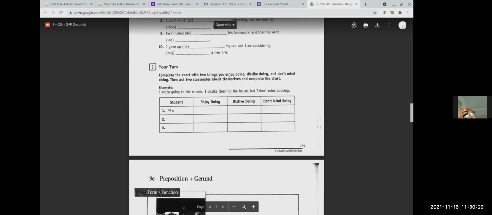I enjoy resting on my bed. I dislike fixing my bed.